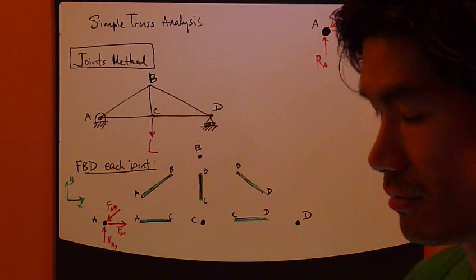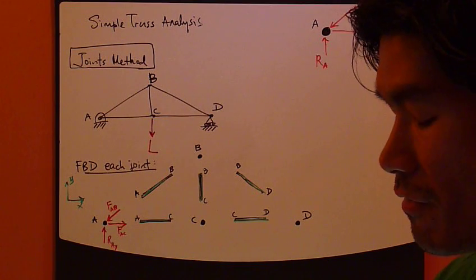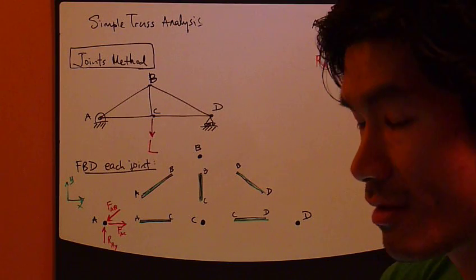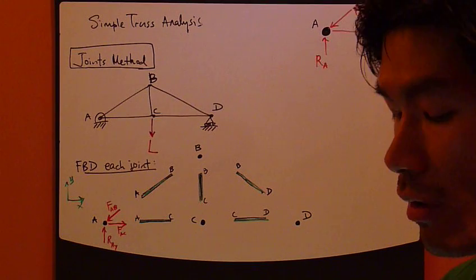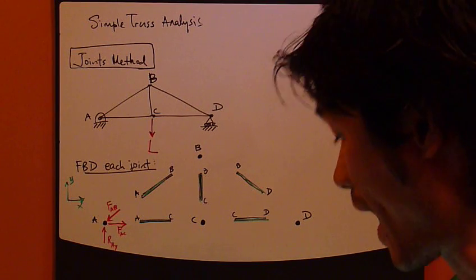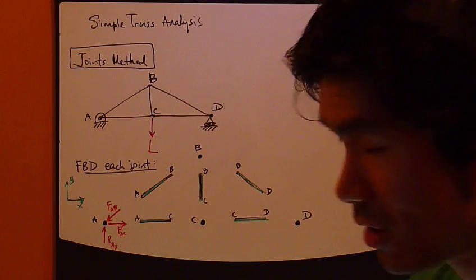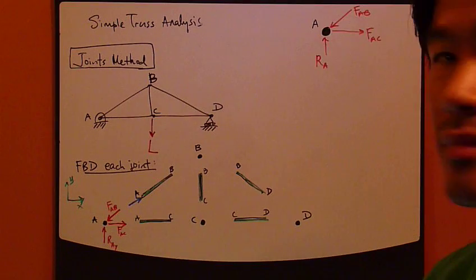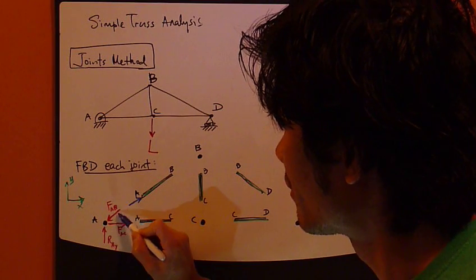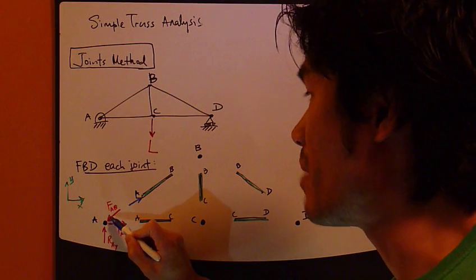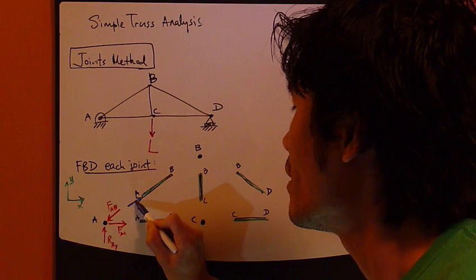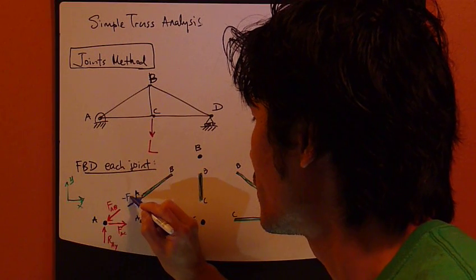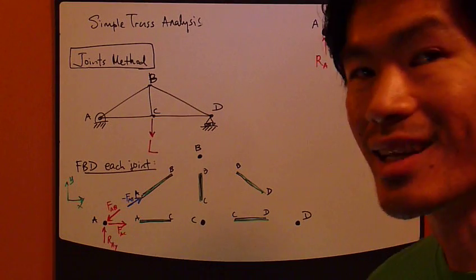Newton's third law tells us, for any object in equilibrium, for every action, there has to be an equal but opposite reaction. And the reaction force is exactly this. This is FAB going into the joint, coming from member AB. At the same time, this equal but opposite force, we'll just call it negative FAB, must exist.